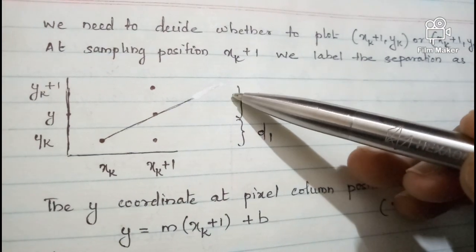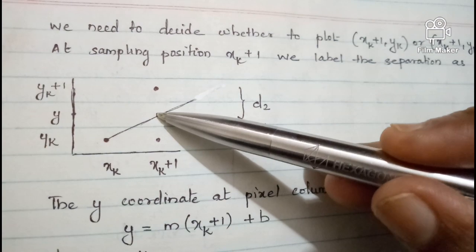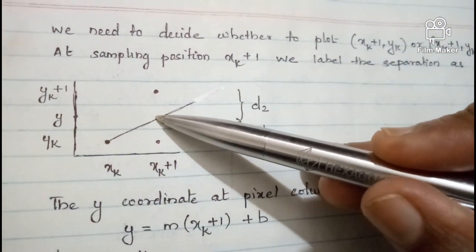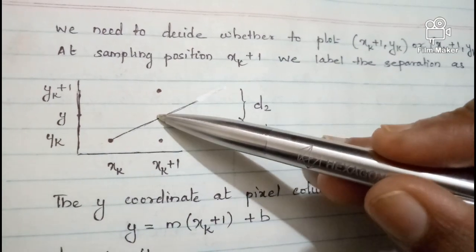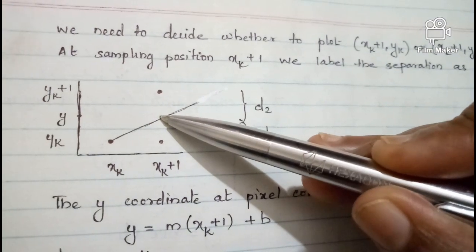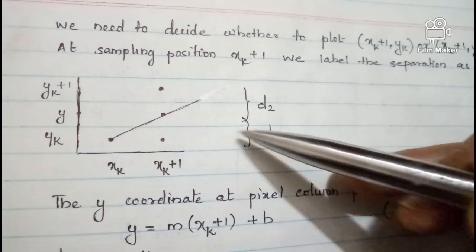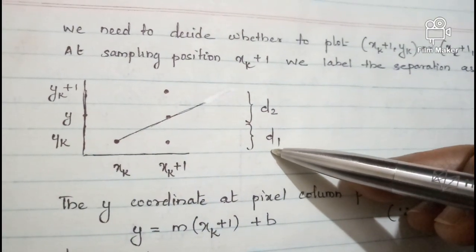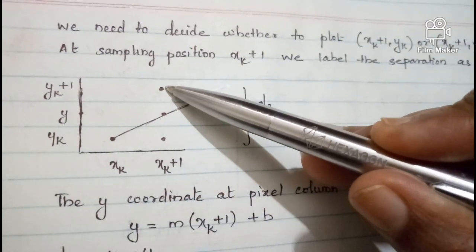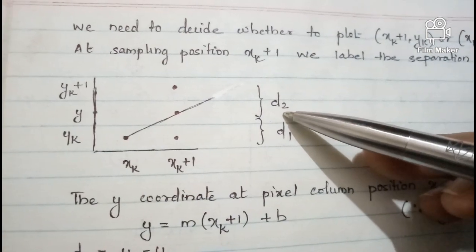Now the point where the line passes through is taken as the mid position, the middle of both these pixels. The distance from this mid position to pixel yk is taken as d1, and the distance from yk plus 1 to y is taken as d2.